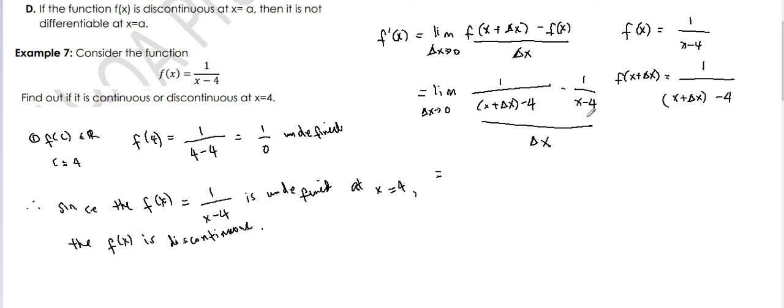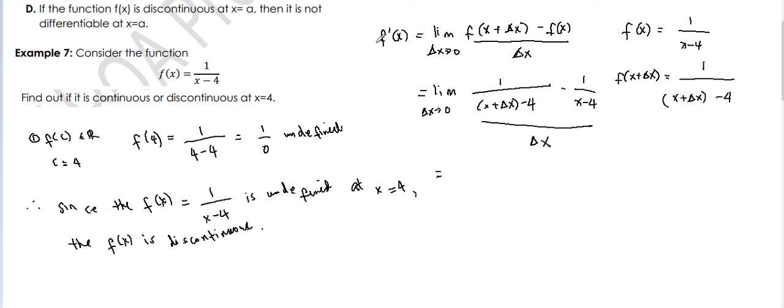So, pag divide ito, ito is actually equal to 1 over... Alright, so i-divide muna natin ang ating numerator. Ito po yung buong function na to, or buong expression na to.